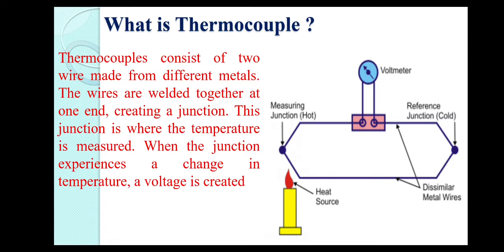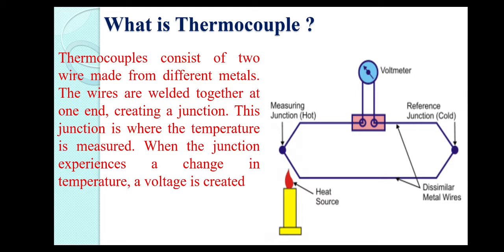From this diagram we can see that there are two dissimilar metals. The metals could be iron and constantan, or copper and constantan; any suitable material can be used here. The two dissimilar metals are joined together and form a junction.